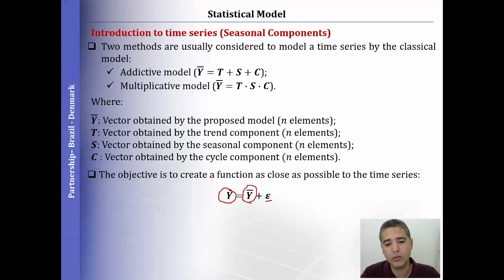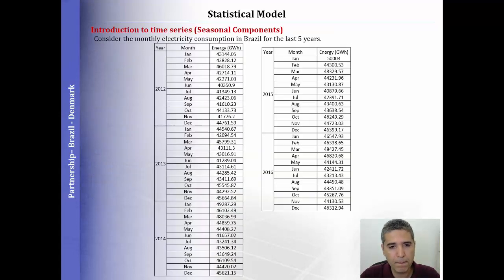In addition to that, we hope that this error has a constant average and a constant variance. So in this case, we can guarantee in a certain way that the model is appropriate for long-term applications. Okay?